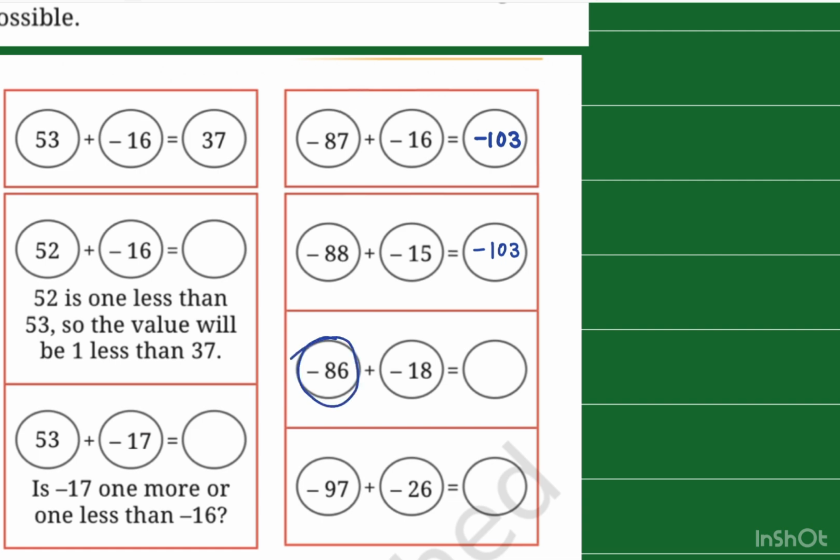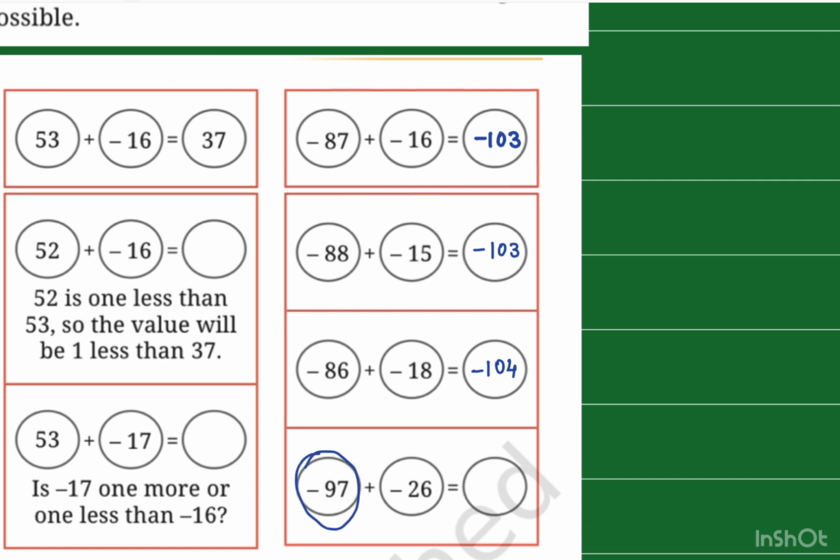For the third question, minus 86 is got by adding 1, and minus 18 is got by subtracting 2. So the answer will be minus 103 plus 1 minus 2, that is plus 1 minus 2 is minus 1. So the answer will be minus 104.